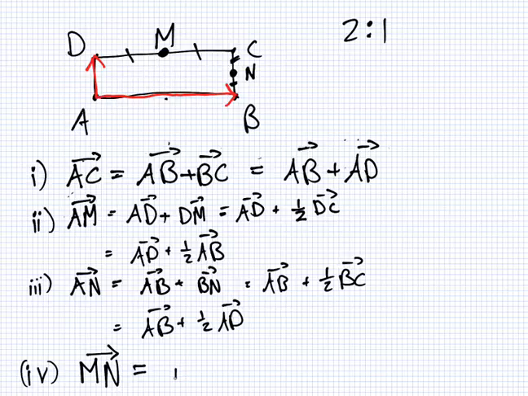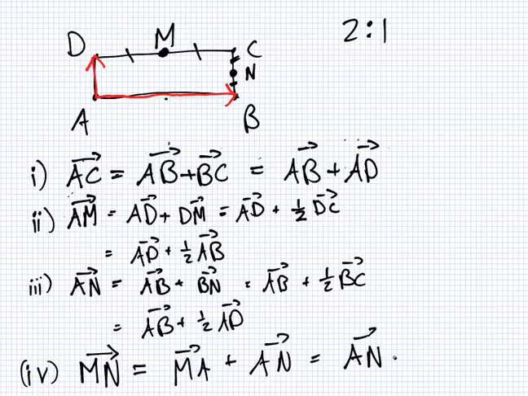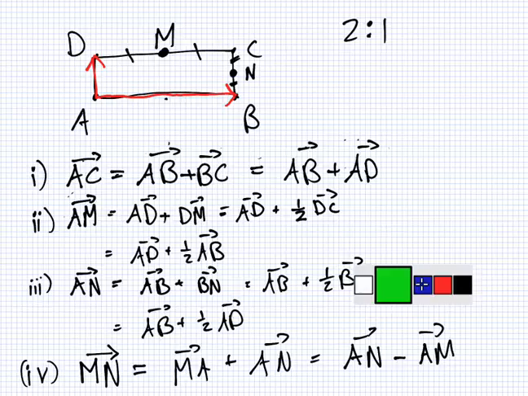It's the same as M to A and then A to N, which is the same as AN minus AM. I just swapped the M and the A, made it minus AM.